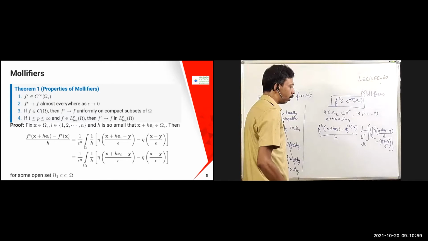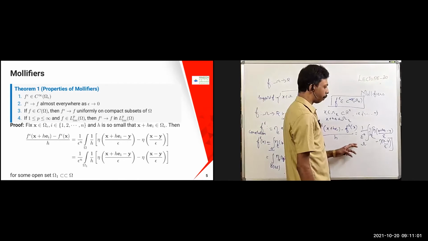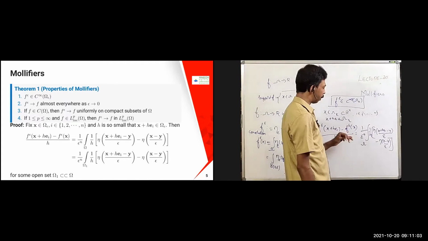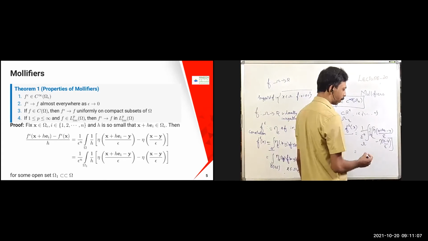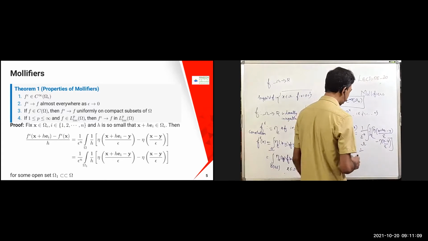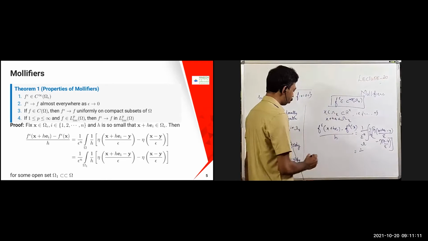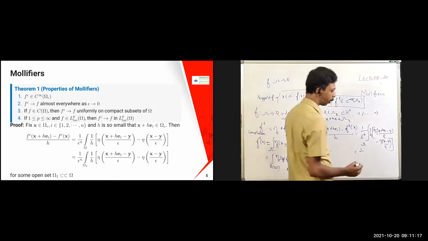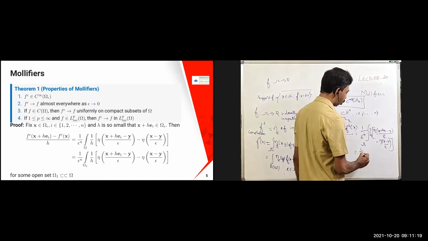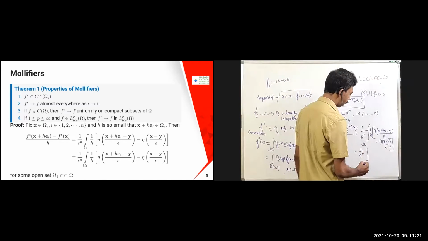So this one, I'm just going to take some open set, because the compact support is going to come. So that open set omega 1, which is compactly contained in omega, for which this is also going to be true. So I'm going to have 1 by epsilon power n over omega 1.